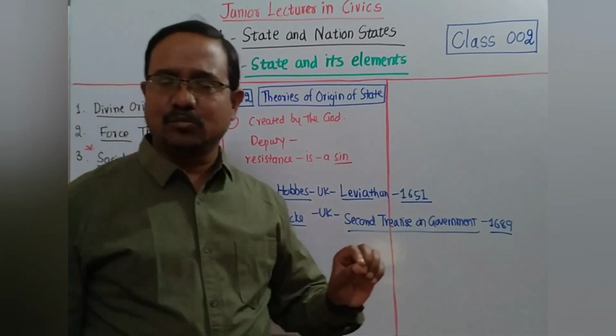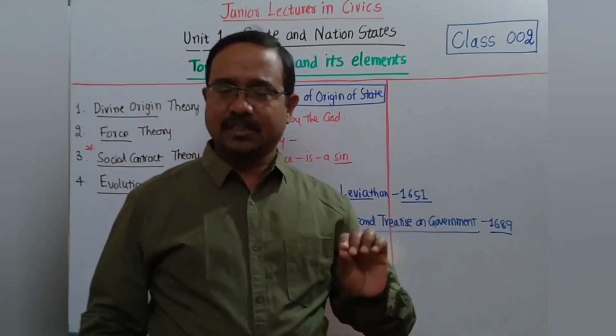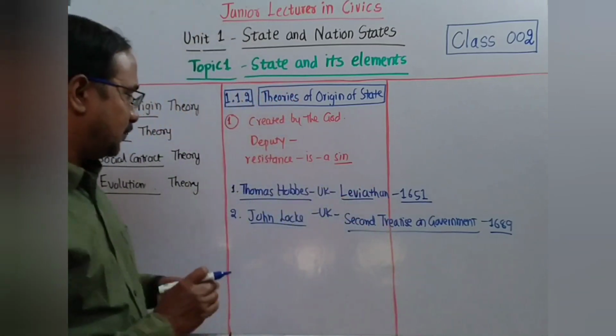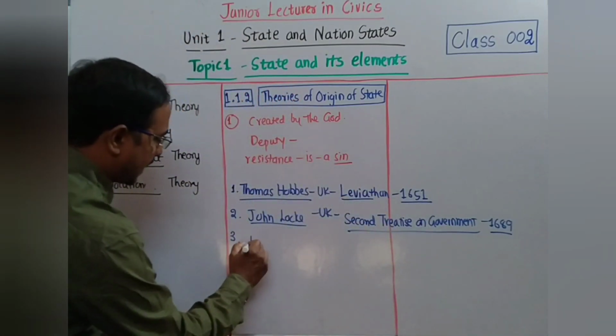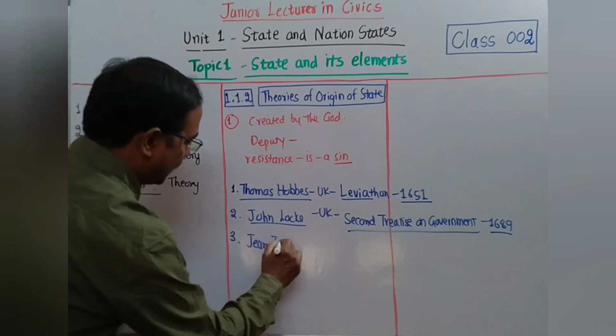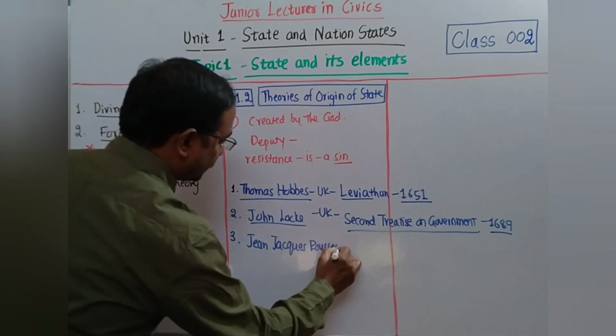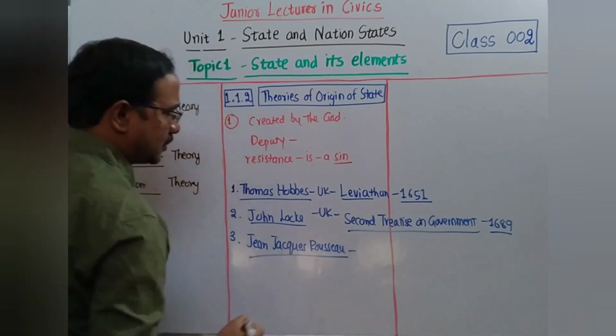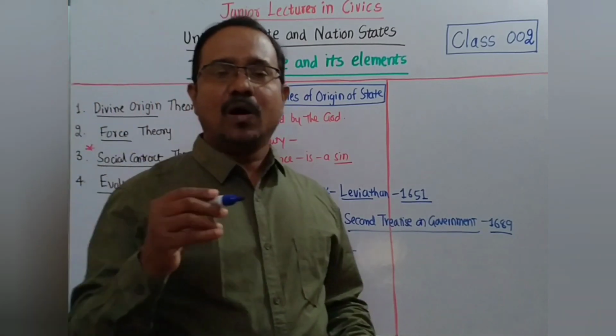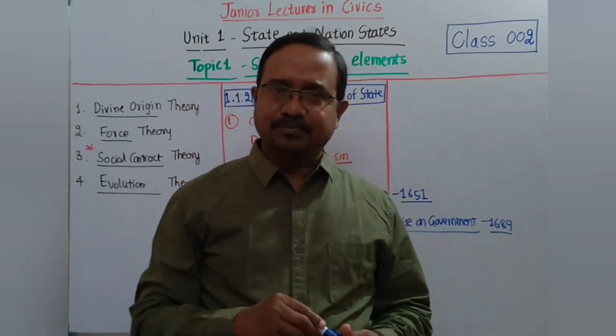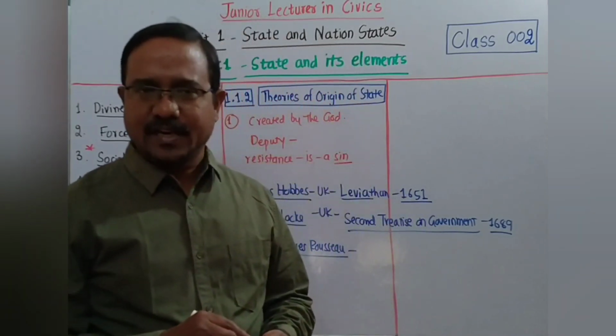And the third and the most important person is Rousseau. His full name was Jean-Jacques Rousseau. He was born in Geneva, in Switzerland, but he settled in France.